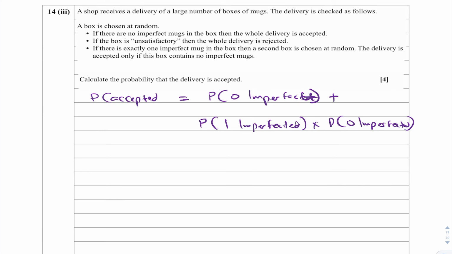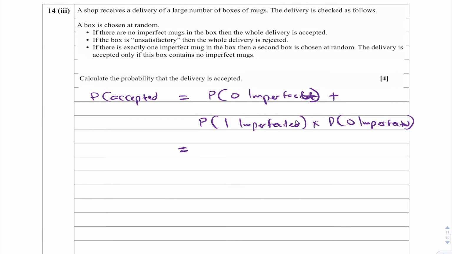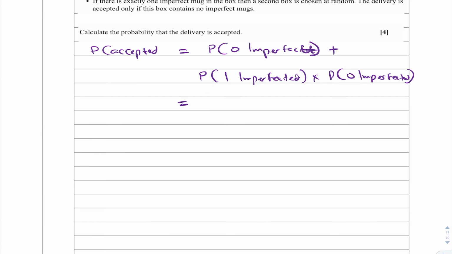So that would be equal to 19 over 20 to the power of 10. That's for the P of 0 imperfect. We just worked that out earlier. Plus 10 for 1 imperfect, 19 over 20 to the power 9 times 1 over 20.